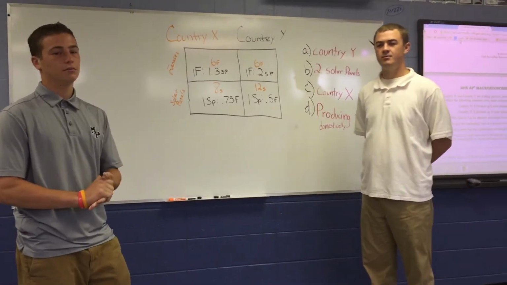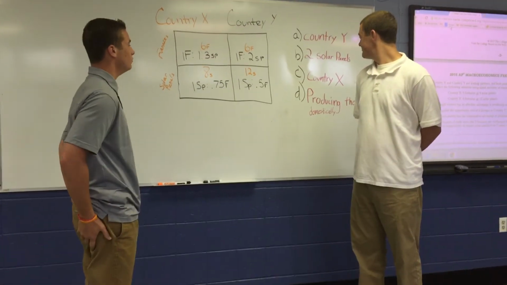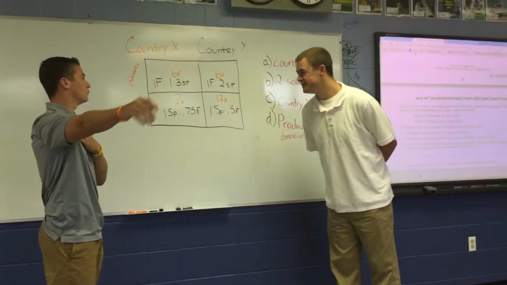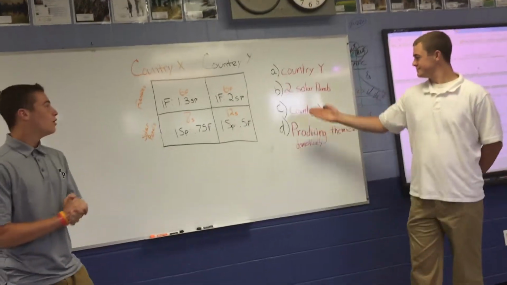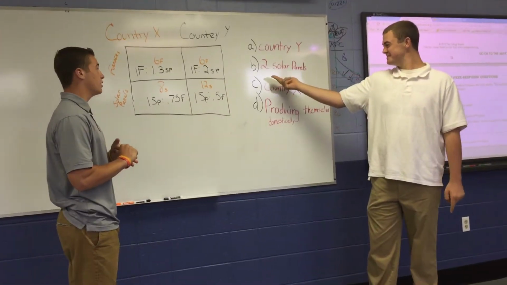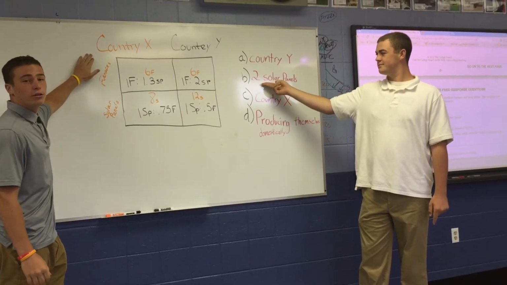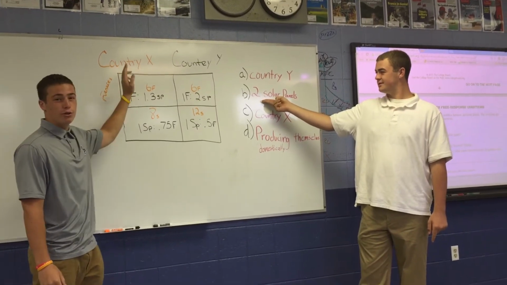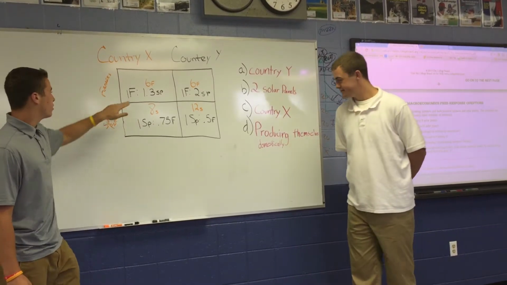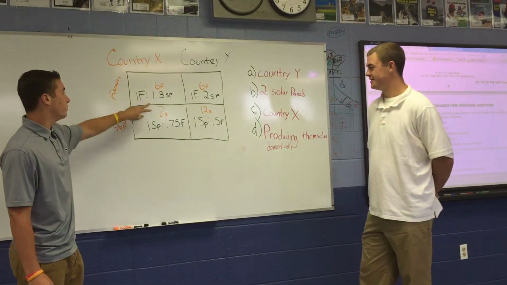Question B, calculate the opportunity cost of a furnace in country Y. All right, for question B, this is all about comparative advantage. Since this is an output question, remember other goes over. So we just cranked out these numbers right here.